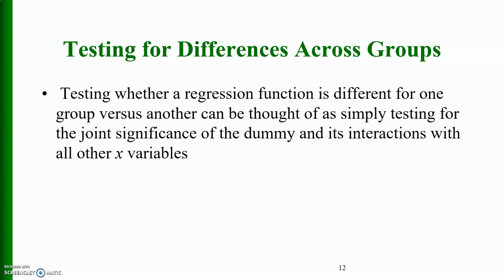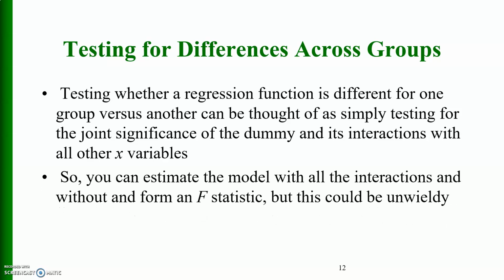Testing for differences across groups. In order to test whether a regression function is different from one group versus another, can be thought of as simply testing for joint significance of the dummy and its interactions with all other x variables.